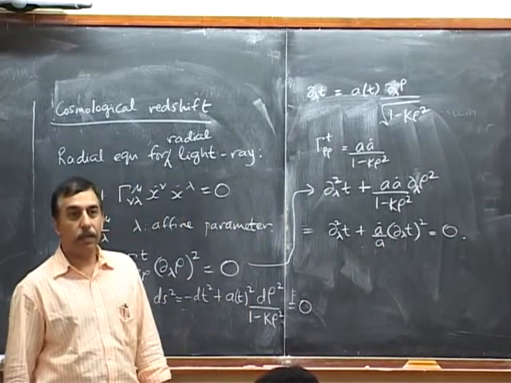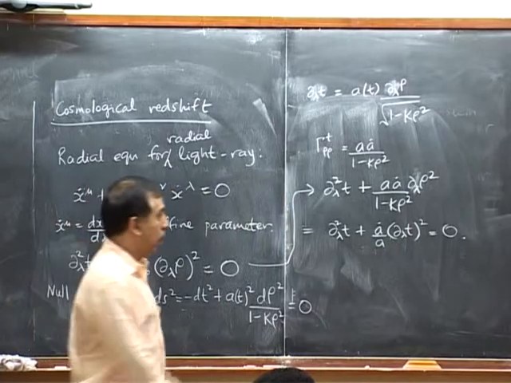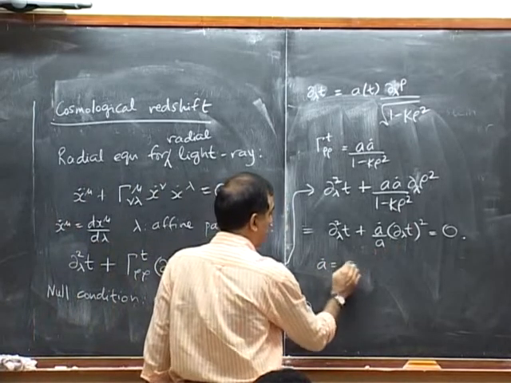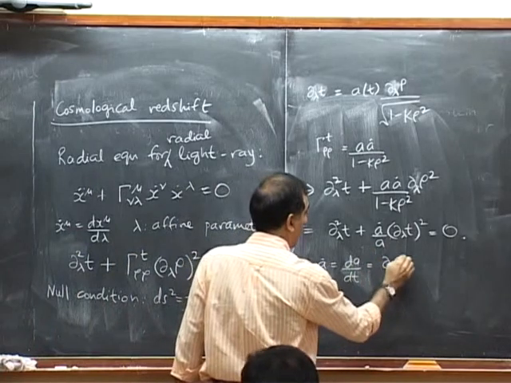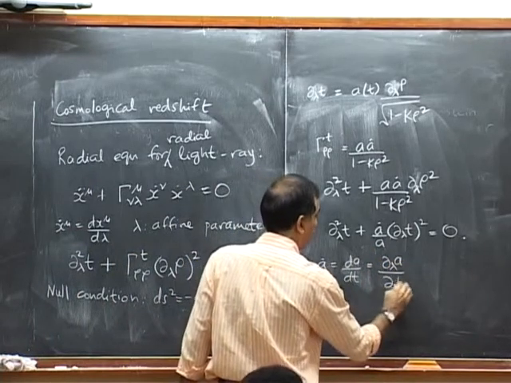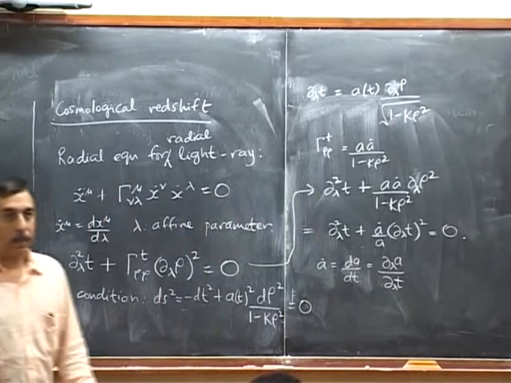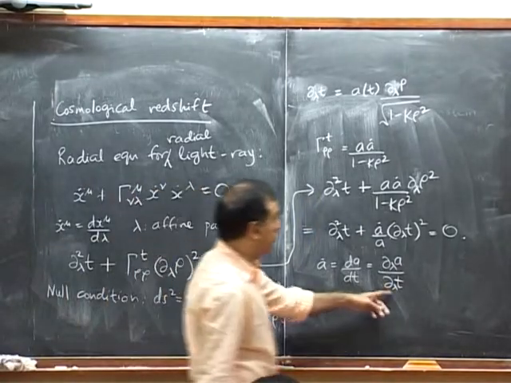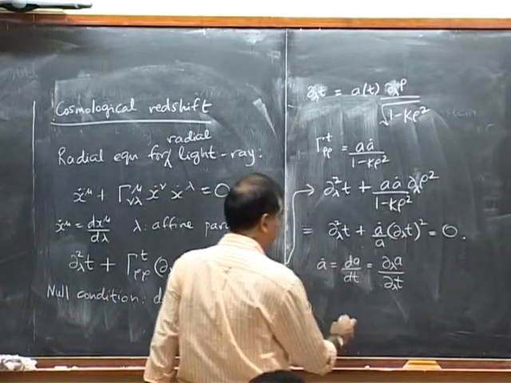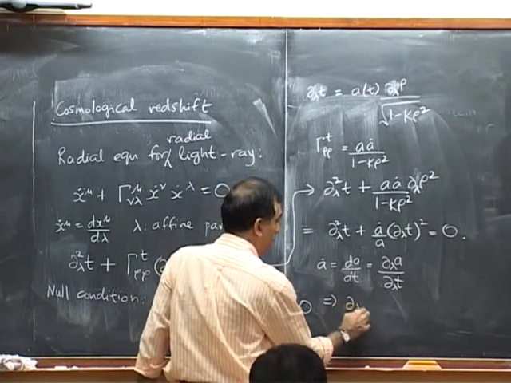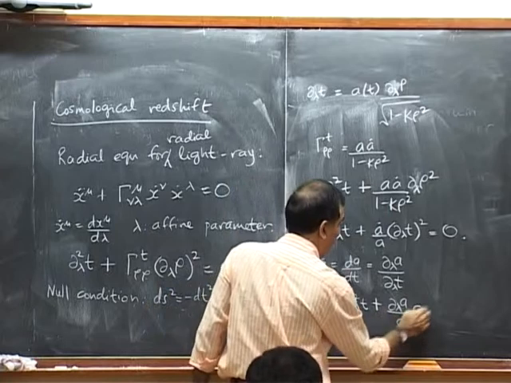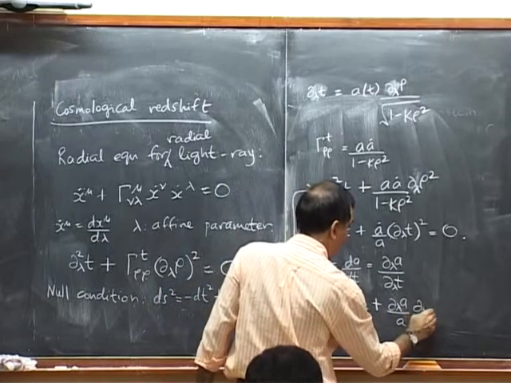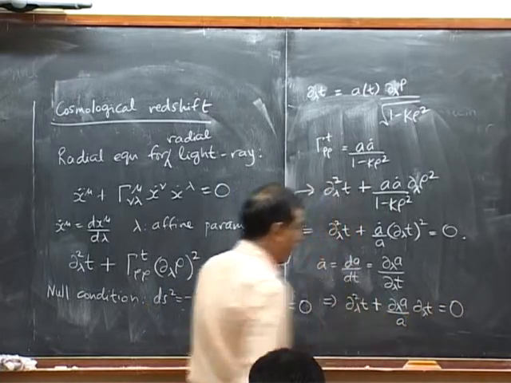This is supposed to be a differential equation in lambda, right? So a dot is dA by dt. That's the same as del lambda of a upon del lambda of t. So one factor of del by del lambda of t drops out, and I get del lambda squared t plus del lambda of a upon a del lambda of t equals 0.